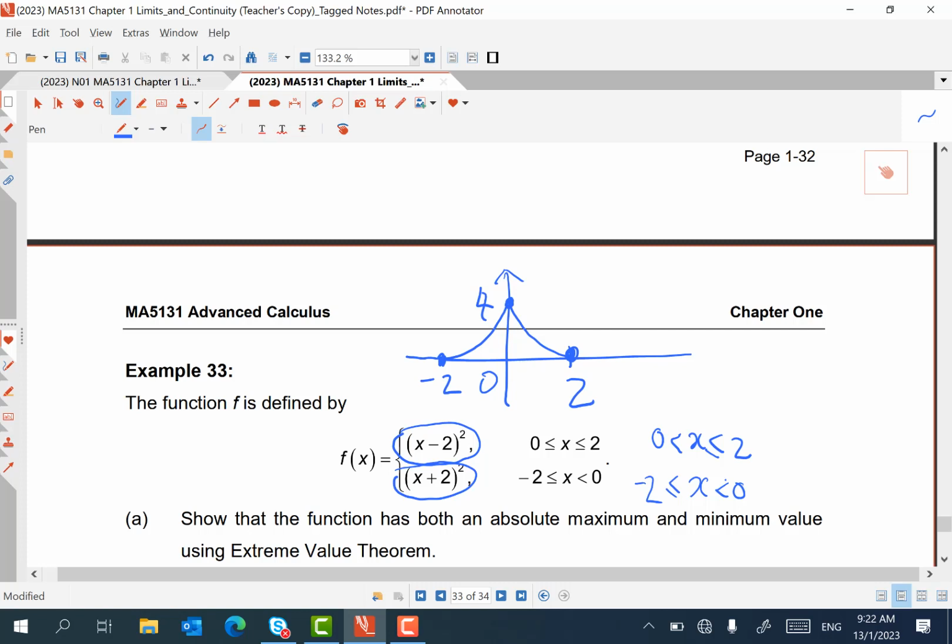Why did I say the point 0? Because at the point 0, the function is defined differently on either side. And when that happens, you want to check for continuity at the point in question. Class, how do you go about it? Keyue, do you know how?